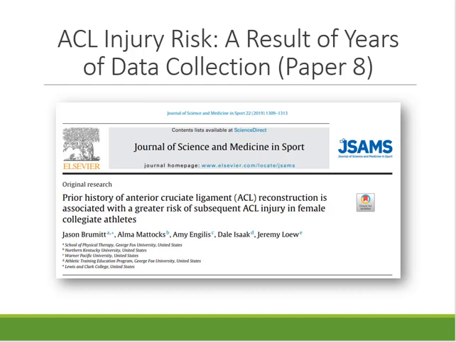So I always would ask people what their prior injury history was. I went through the data, found all those individuals who had an ACL reconstruction, and then was able to run the analysis to see that if you had had a prior history of ACL reconstruction, you were at 6 times greater risk of having a subsequent ACL injury while in college.